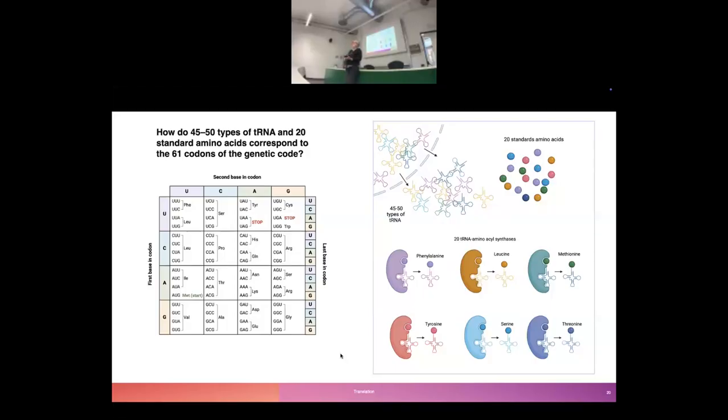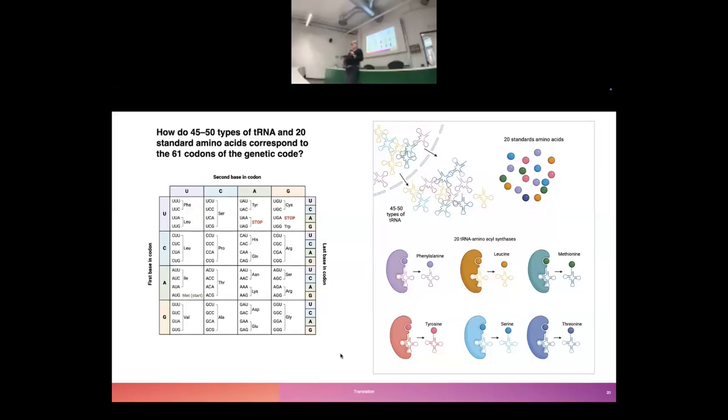But what do they have in common? It will be the one that codes for the same amino acid. In other words, the phenylalanine one that we mentioned before: if we look at the genetic code, you see we have two codons coding for phenylalanine.